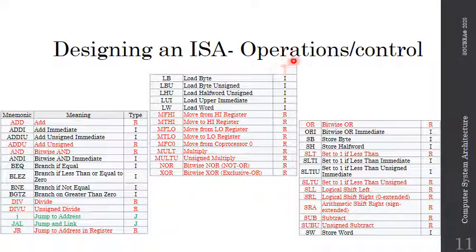Then I need to specify the register that contains the base, so the base register. And then the offset, it was an immediate value, a number that we write ourselves. So hence, this is why it's an I-type.